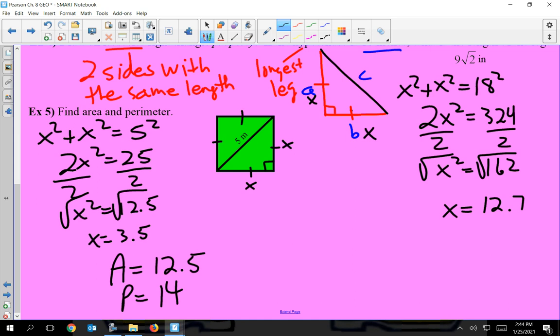But then you have to find the area, so 3.5 times 3.5 should give you 12.5. And then I got 4 sides that are approximately 3.5, so multiply that by 4, and I get 14 for my perimeter, okay? Now there's some rounding issues there, just making it a little bit simple, and it's a problem that you're going to get a bunch as we move through stuff, okay?